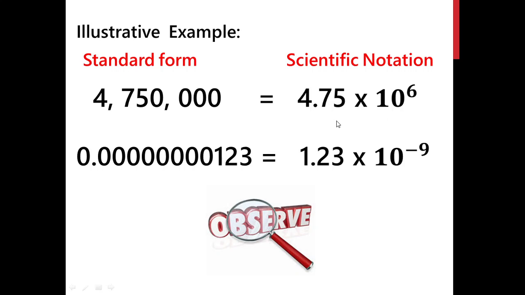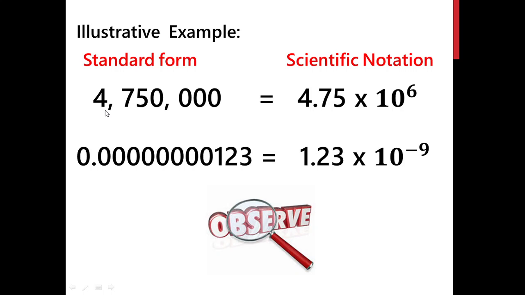Did you observe that in this scientific notation there is a decimal point? Now, in scientific notation, this is very important: you need to place a decimal point in between the first and the second digit, and then copy the next non-zero digits.